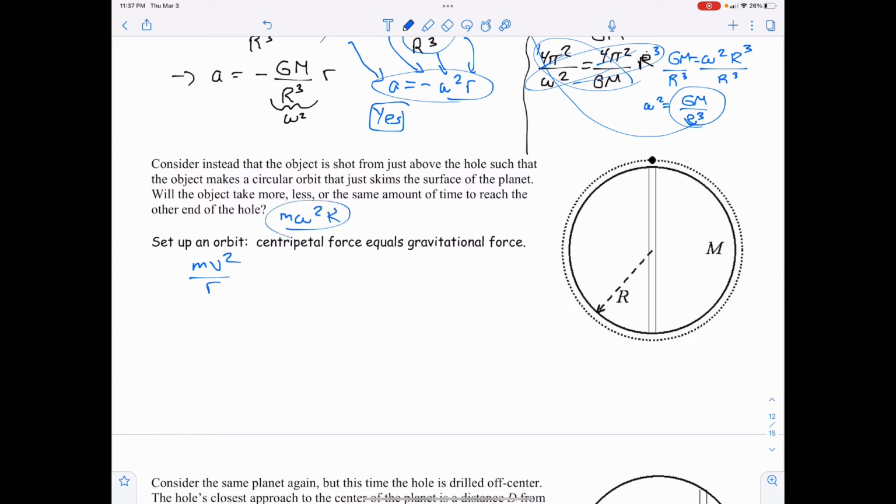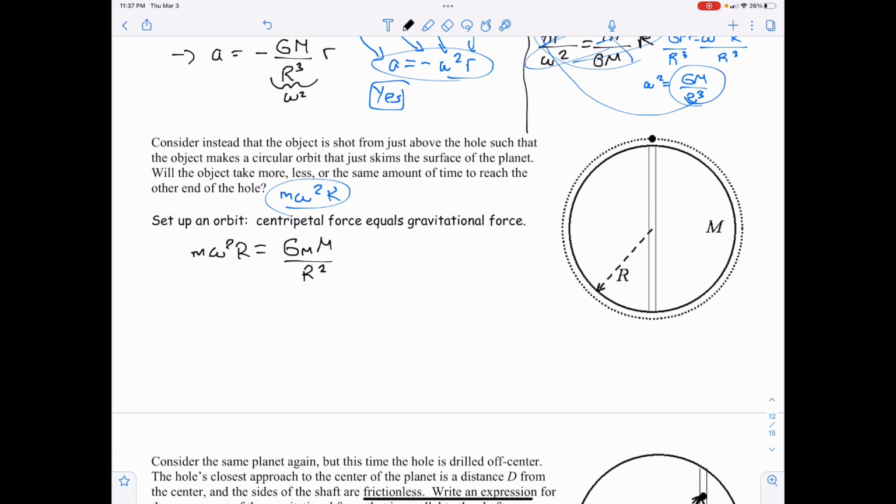So m omega squared r is equal to big G, little m, big M over r squared. We divide both sides, and the little m's cancel. Again, remember omega squared was equal to big G, big M over r cubed.